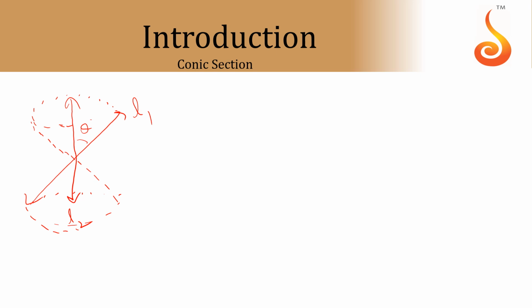So this is how we get all figures by the section of a right circular cone by different planes. This is the way we get the shapes.